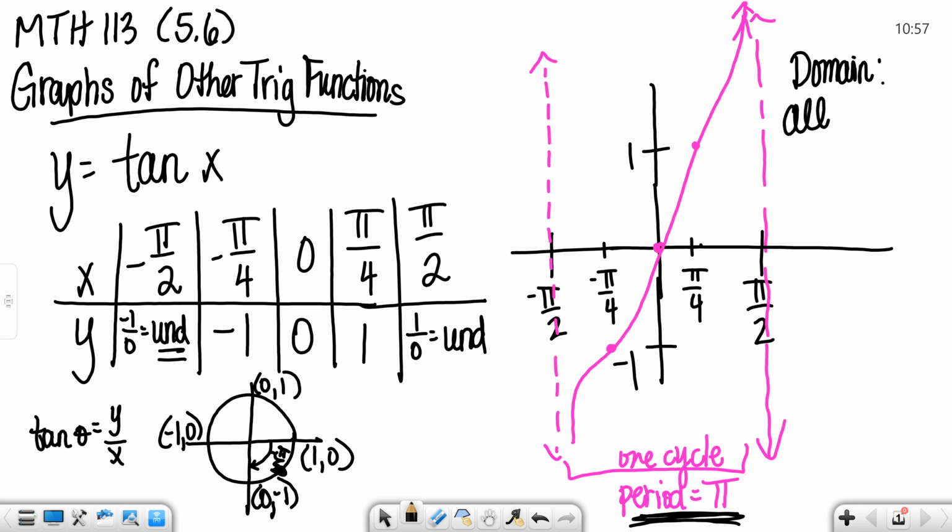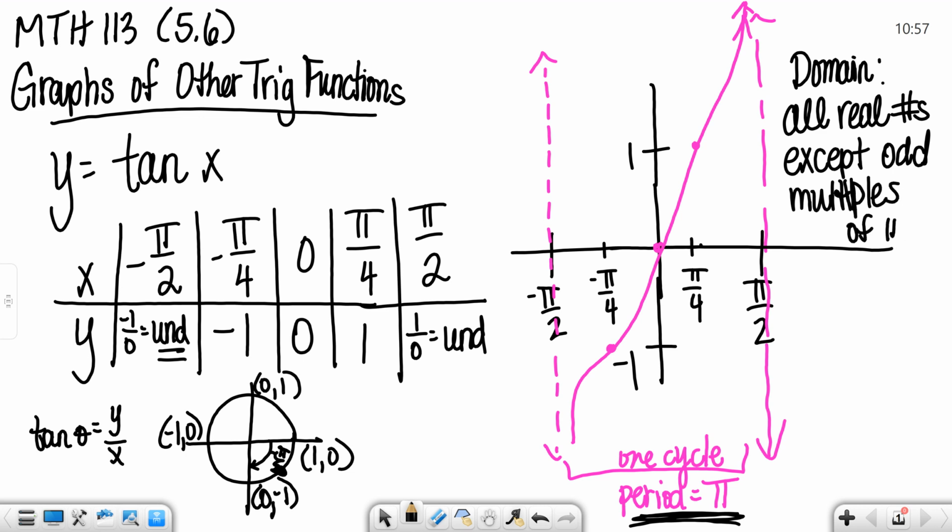That will be all real numbers. Okay, now we've got to exclude our little asymptotes, except odd multiples of pi over 2.